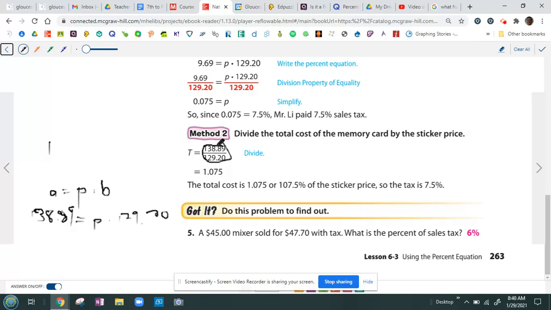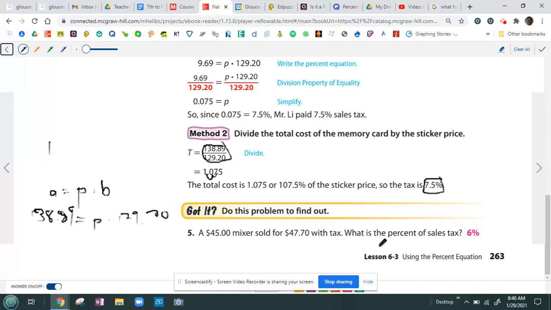Okay, so I don't like how they did that. But then the answer is 1.075. Okay, so how much more than 100% is that? Well, we move the decimal over twice, right? And we get 107.5%, and that's 7.5% more than 100%. So that was our tax.